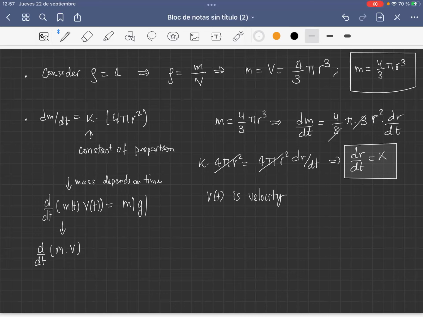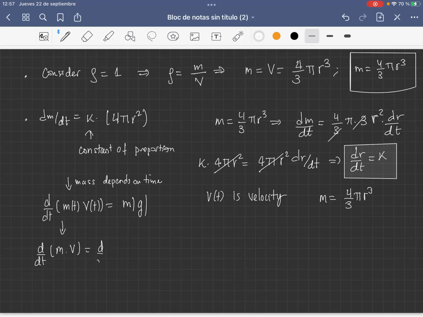Okay, so if we put the mass, actually, we have it here. We said that the mass is 4/3 of pi radius to the third power.